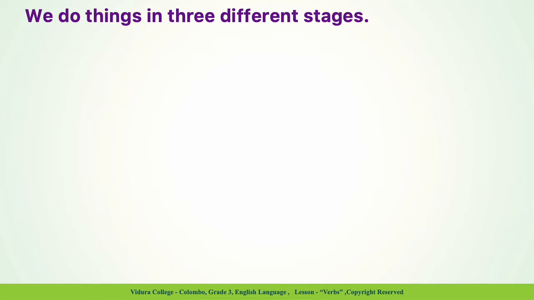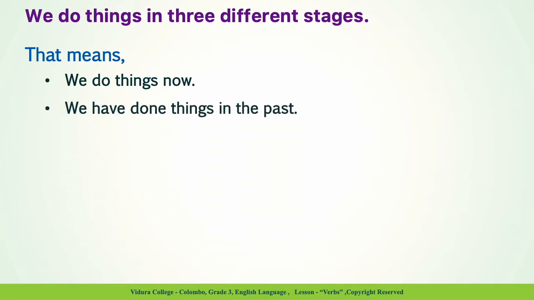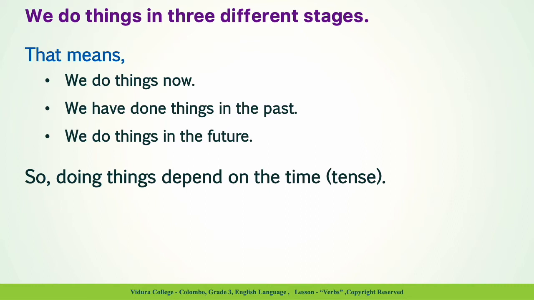We do actions in 3 different stages. Sometimes we do things now. Sometimes we have done things in the past. Sometimes we are going to do things in the future. So, as you can see, doing things depend on the time.